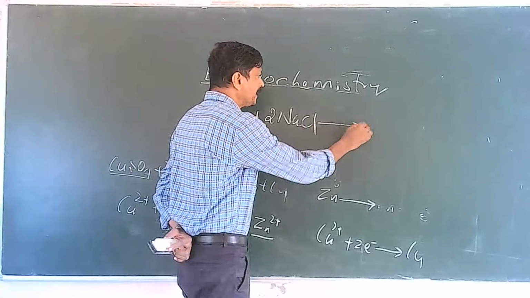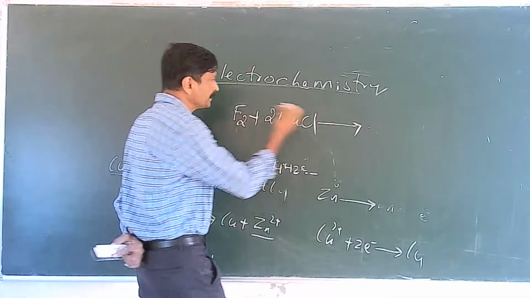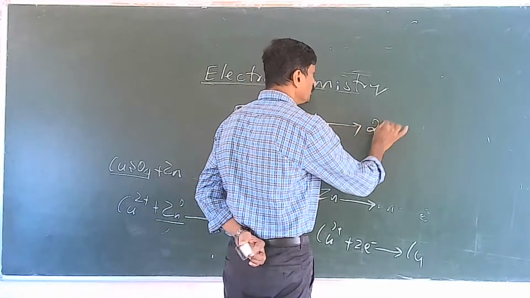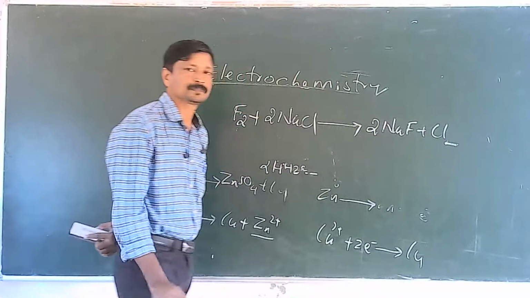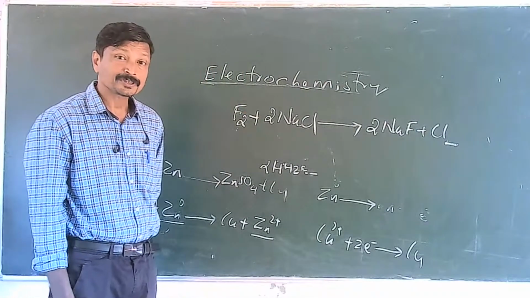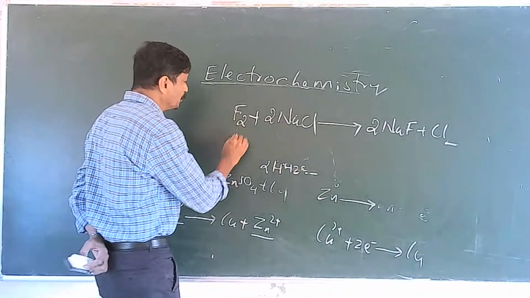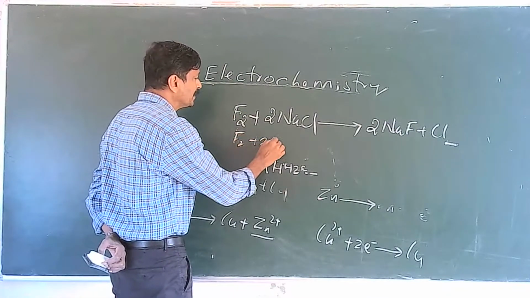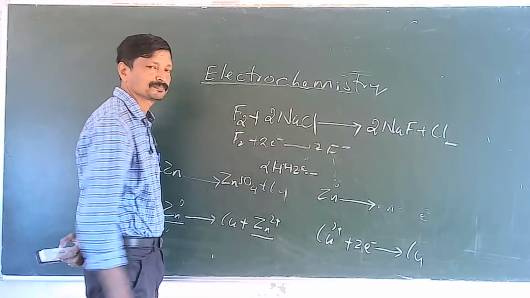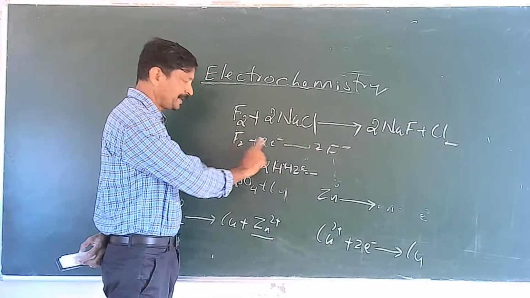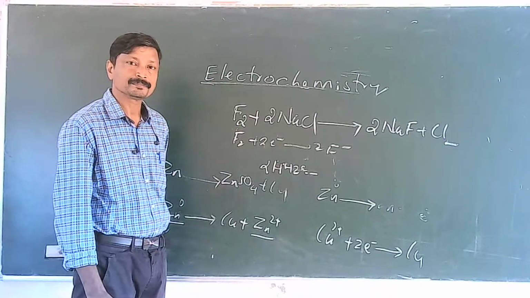So what reaction are we expecting here? F2 is converted to F minus, giving F2 plus 2Cl minus. Which one is oxidized? Which one is reduced here? F2 takes 2 electrons, giving rise to F minus ion.